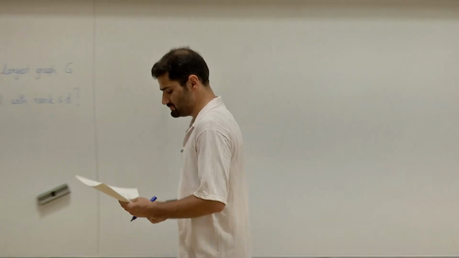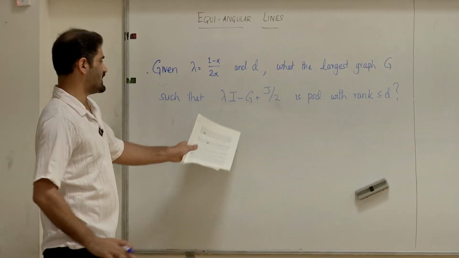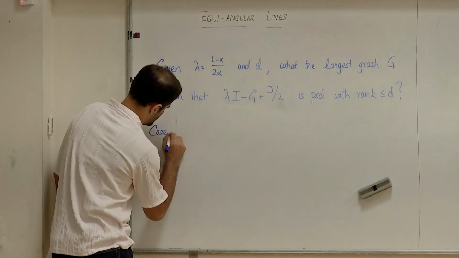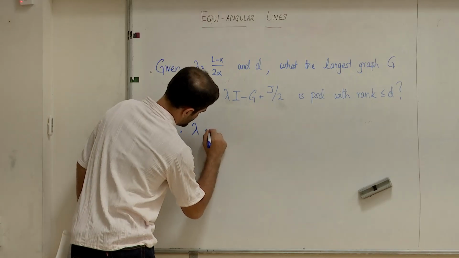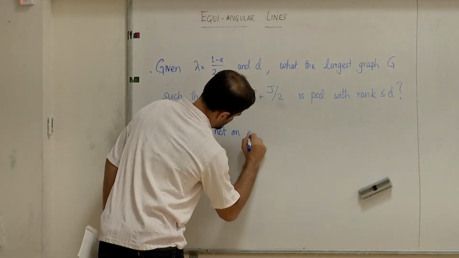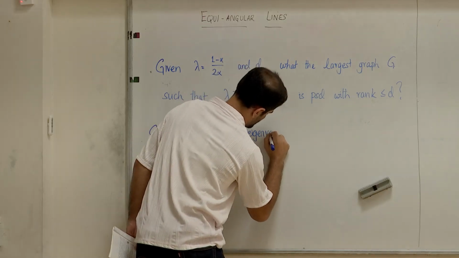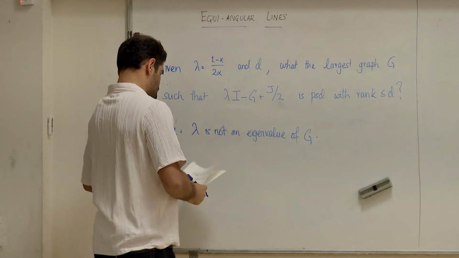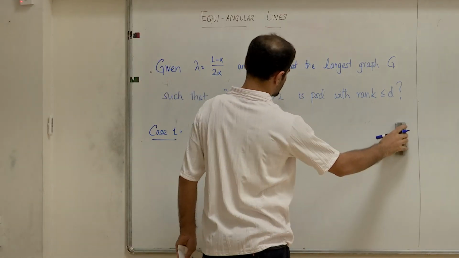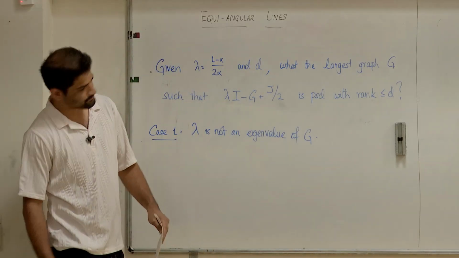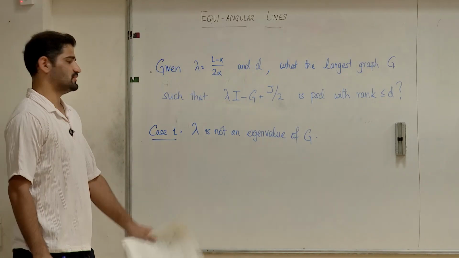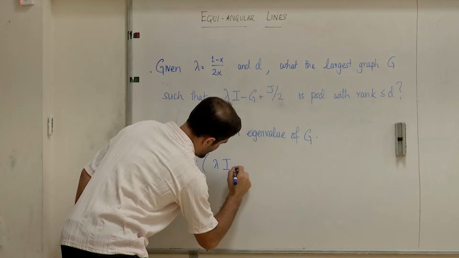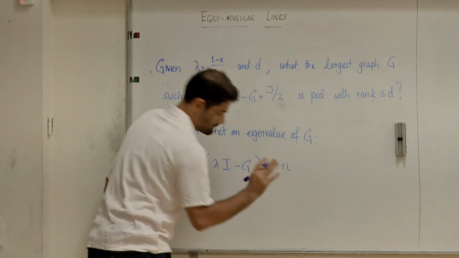We'll do some cases. So the first case would be the easiest one. What happens if the multiplicity is 0? What happens if lambda is not an eigenvalue of G? Then I know that the rank of lambda I minus G is equal to n.